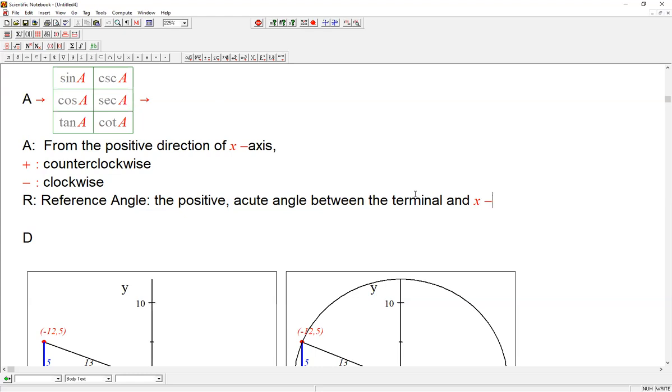Reference angles are not the input. A reference angle is used as a bridge. It's a bridge for what? We're going to explain that. Next, the definition.